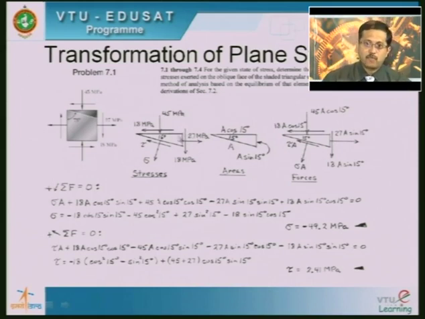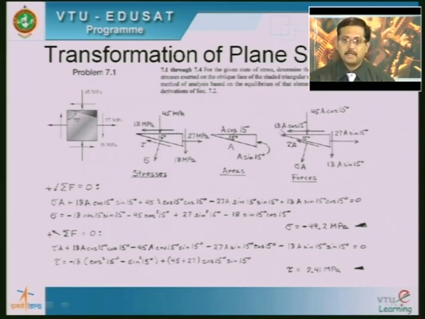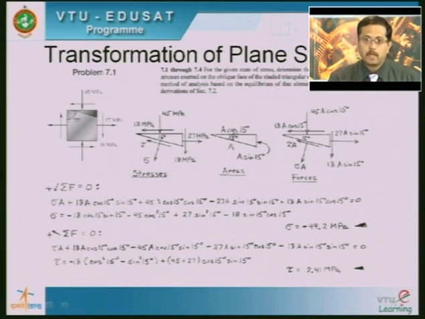Then let us take the forces acting on the horizontal plane. The shearing stress is 18 megapascal, so you multiply with this area, which is A cos 15. So we get this as 18 A cos 15. Then the compressive stress acting on this plane is 45 megapascal, multiplied with the area again, so it becomes 45 A cos 15, which is indicated here.